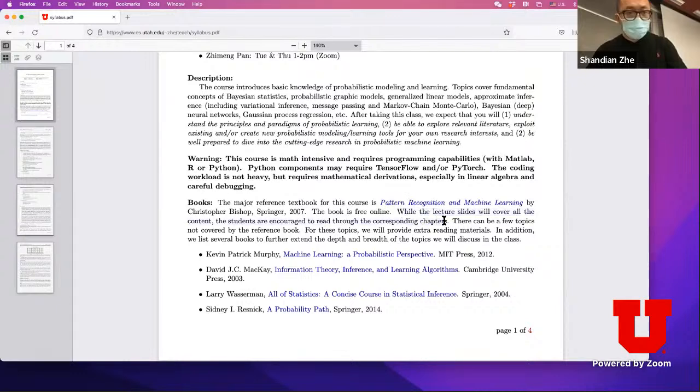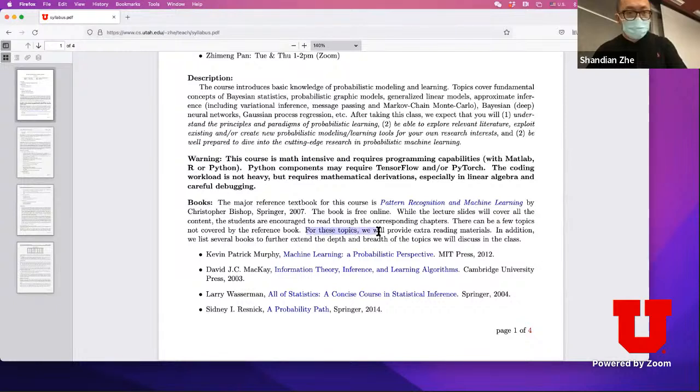Although the lecture slides are self-contained, and contain all the necessary things you need for the homework assignments and the projects, we still highly recommend you to read through the chapters. We'll list the corresponding chapters in that book. So if you've got some time, then please read them.